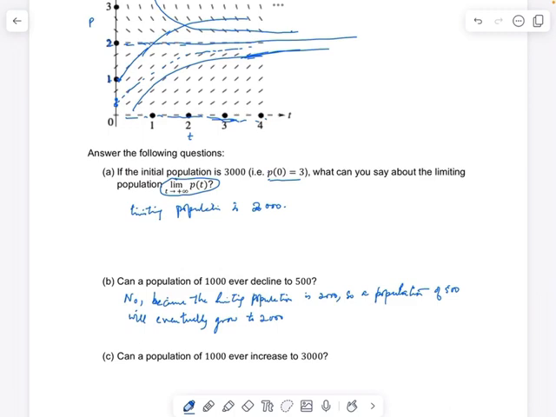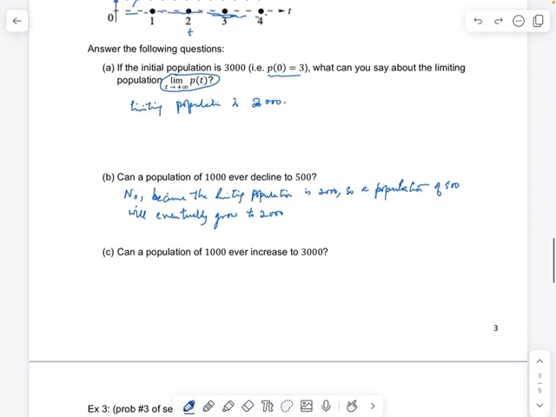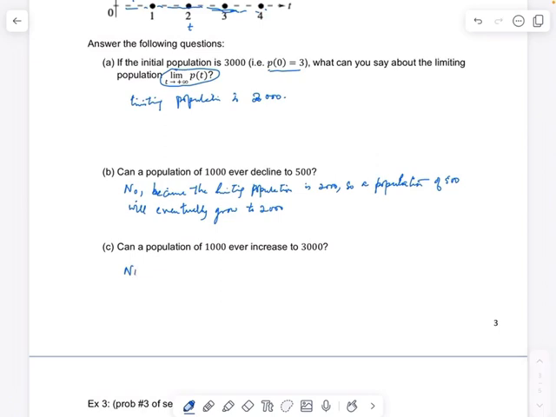No, that's not going to happen, because it will not cross the threshold of 2000. The limiting population is 2000. That threshold cannot be crossed.